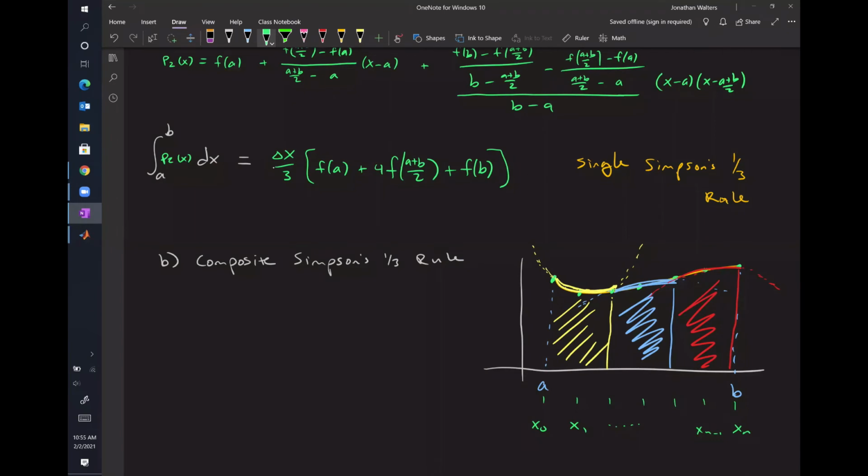Of course, for MATLAB, we're going to have to shift our indices by 1, because MATLAB can't say x of 0. The indexing starts at 1 for vectors in MATLAB.